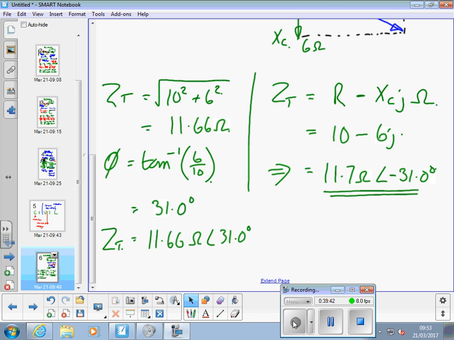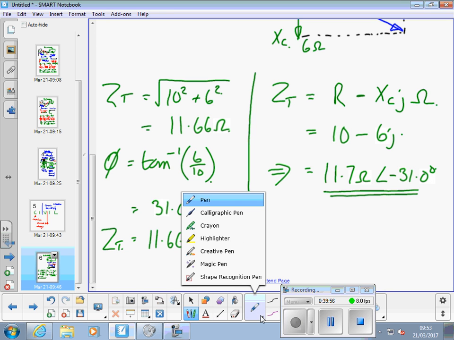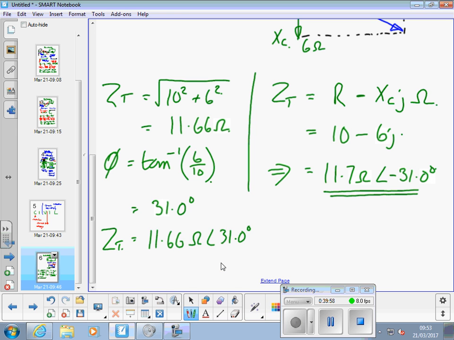10 minus 6J. You've got to put, after you put the comma in, you must put minus 6. Done that out for the video. So, using the two different methods, on the left-hand side here we used Pythagoras' theorem to find the magnitude of the overall impedance, and then the tangent ratio to find the phase angle.